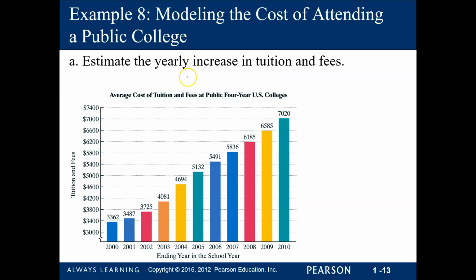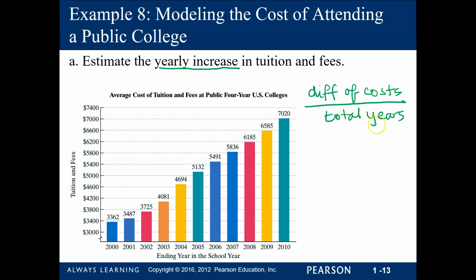Now this question is similar to what we did on the bar graph example from the previous video lesson. When we are looking at the yearly increase, it means that we need to find the difference of the costs, highest cost minus the lowest cost, and then divide it by the total number of years. How long did the change happen?